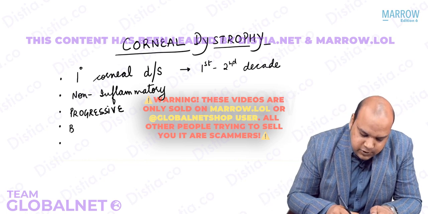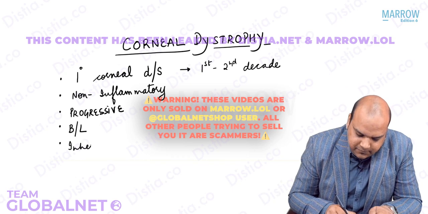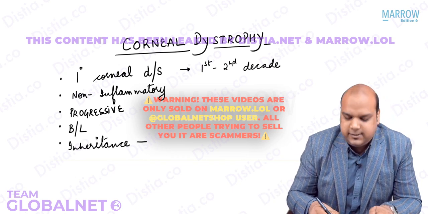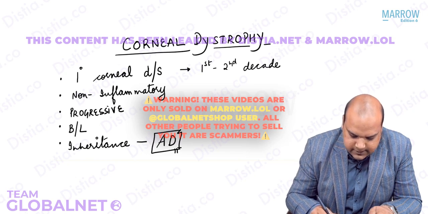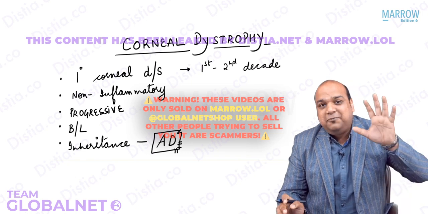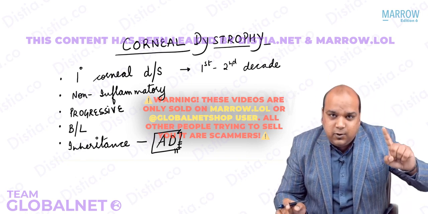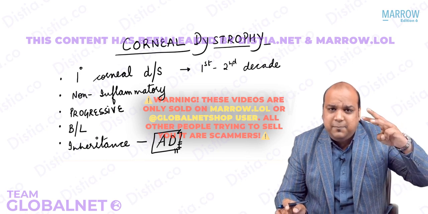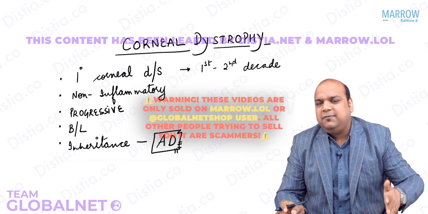They are usually bilateral and the inheritance pattern in corneal dystrophies is autosomal dominant. So these are the characteristics you can say about all corneal dystrophies: primary corneal disorders which are non-inflammatory, progressive, bilateral, autosomal dominant, and they present in the first to second decade of life.